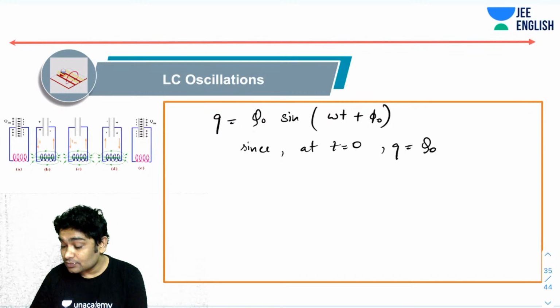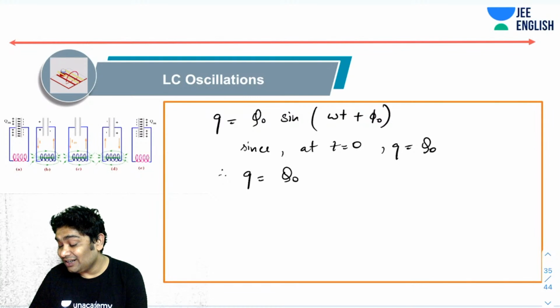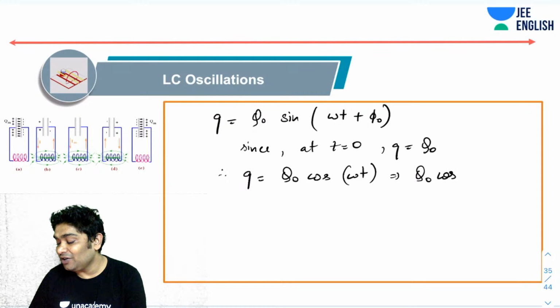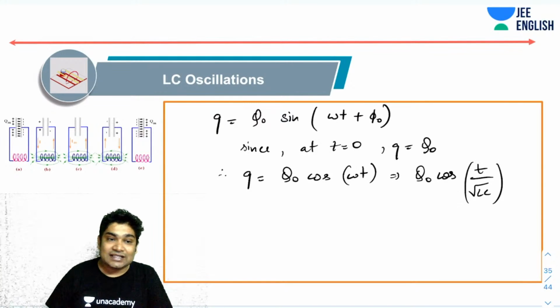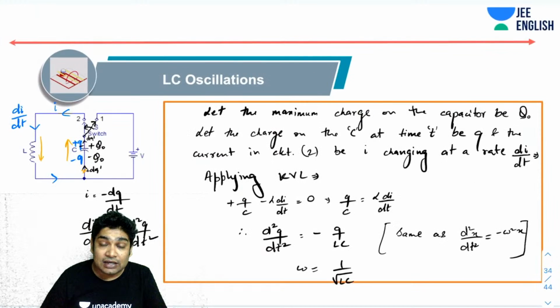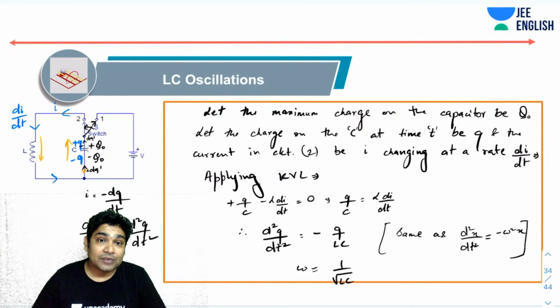Therefore the equation that I'm getting for charge is Q naught cos of omega t, or I can also write Q naught cos of t over root LC. So that is why this is called an LC oscillation circuit. The charge will oscillate on the capacitor.